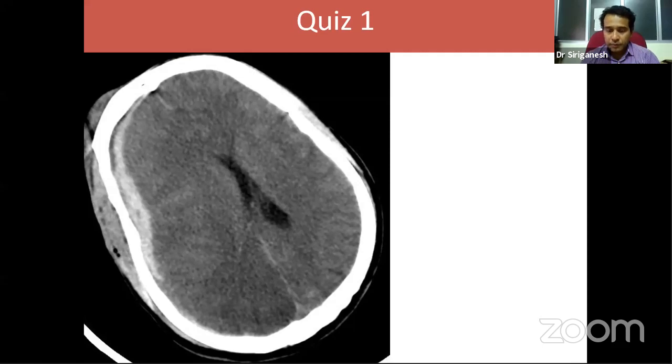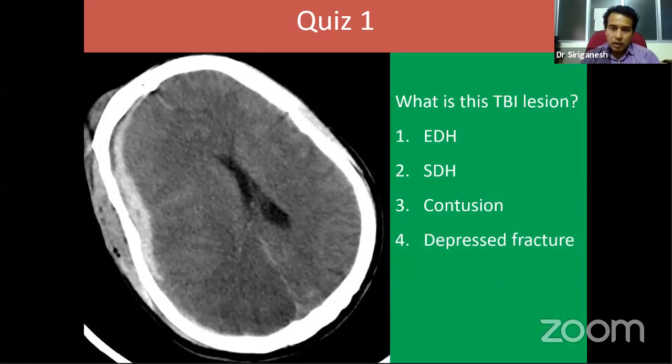I am told most of them are postgraduates, so it will be interesting to see. This is a simple, straightforward non-contrast CT scan of the brain, and you can see one lesion there. Dr. Sanish, this question can be opened for polling.